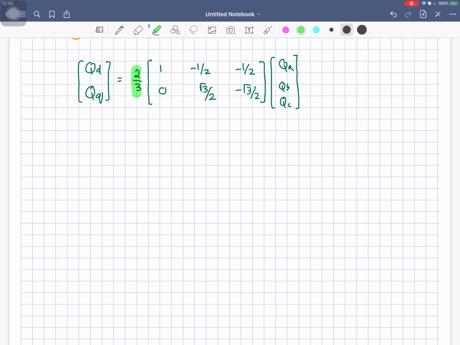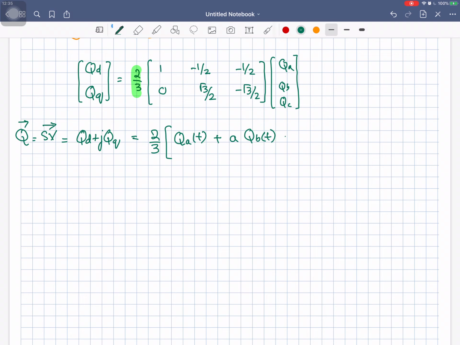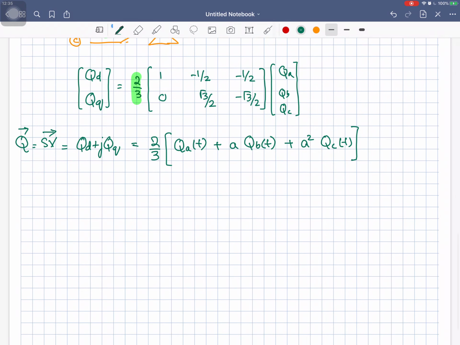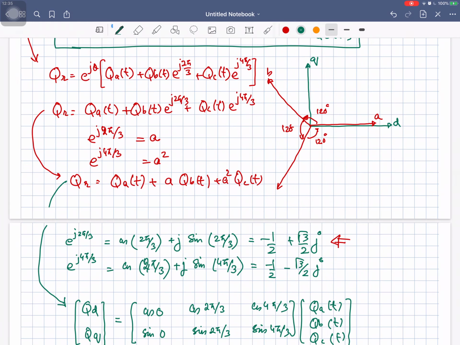Okay, so now I can represent this space vector, that is QD plus jQQ. I am going to call it the space vector, or simply Q, which is equal to 2 by 3 into the instantaneous value of QA, plus a times the instantaneous value of QB, plus a squared times the instantaneous value of phase C. So I have taken basically this equation, and I'm going to call it the space vector.